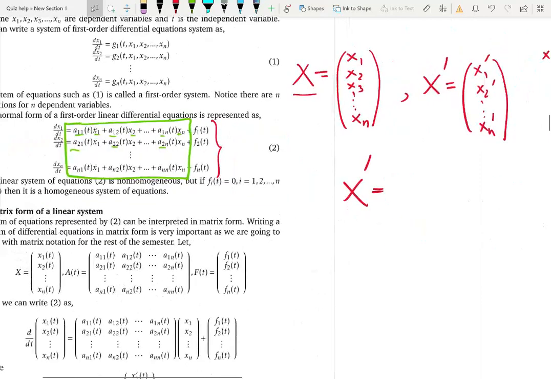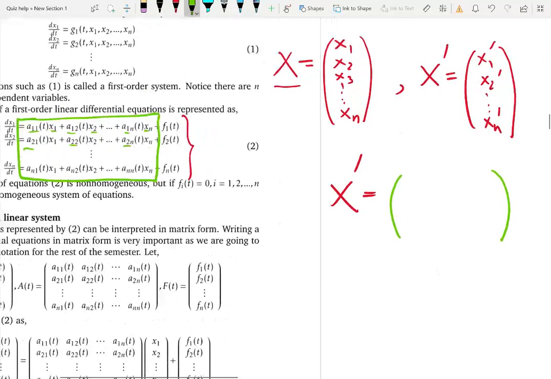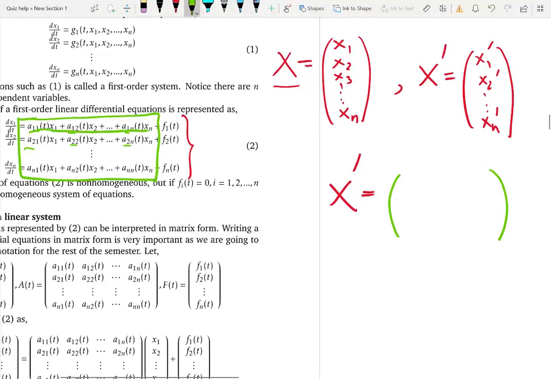Here's what I'm going to do. I'm going to write a matrix here. In the first row, I'm going to take all the coefficients in the first row and put them in the first row: A11, A12, and so on, A1n. I'm going to take each coefficient in the second row and put them in the second row: A21, A22, A2n, and do that for each differential equation.